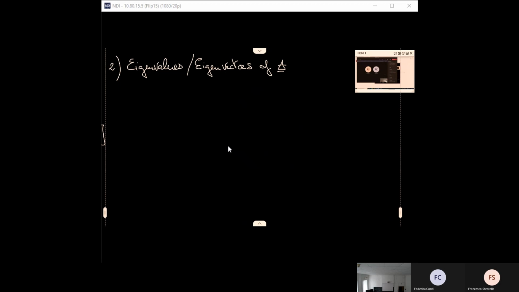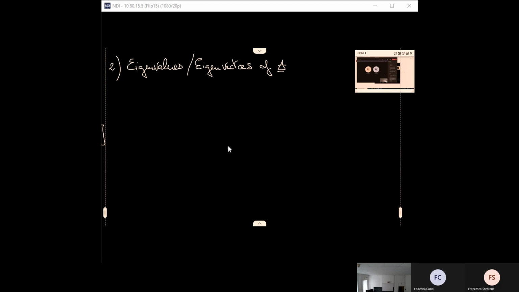If we apply the transformation matrix to a vector which is parallel to the axis of rotation, what do you expect to obtain? Right? If you apply the rotation matrix to a vector which is parallel to the axis of rotation, what do you expect to get? The same vector. So this is actually the definition of what? Of eigenvector. Right? So let's prove it.